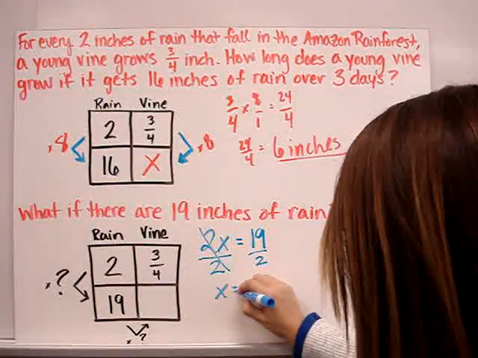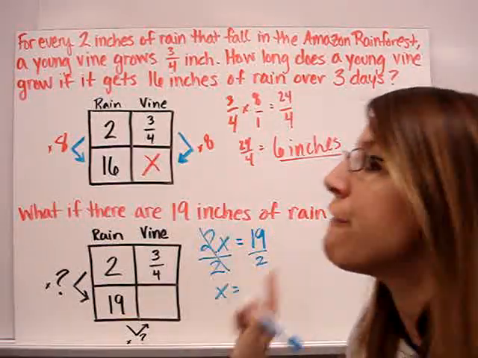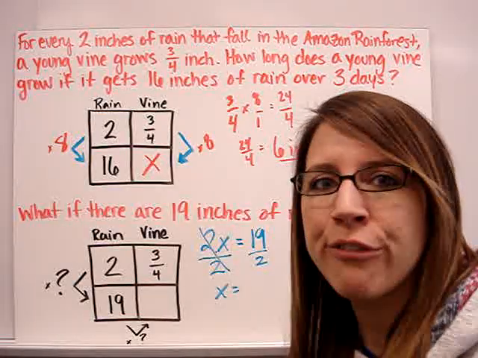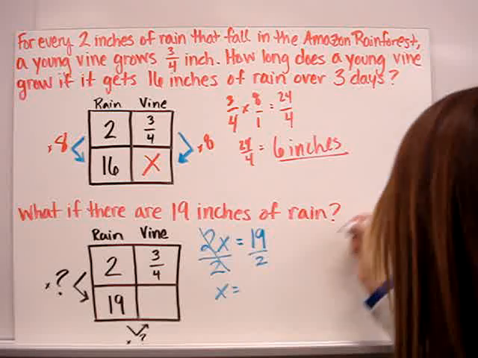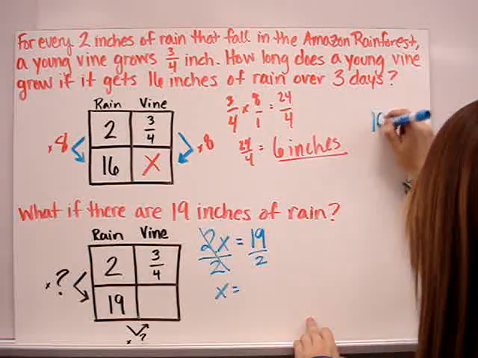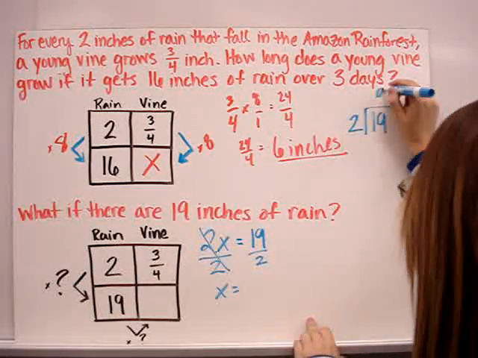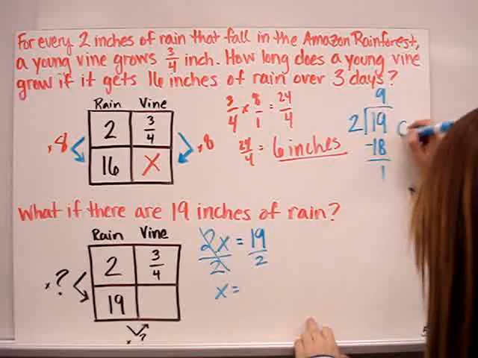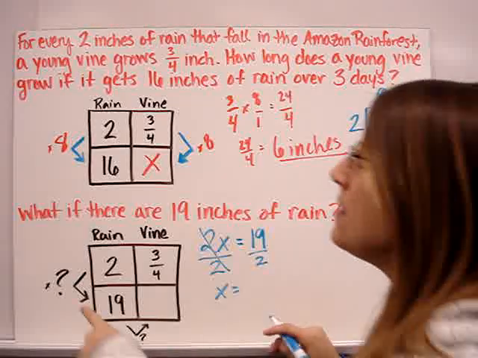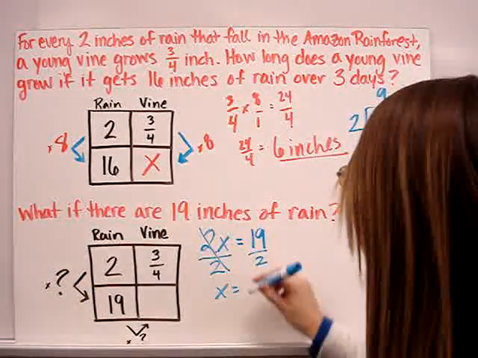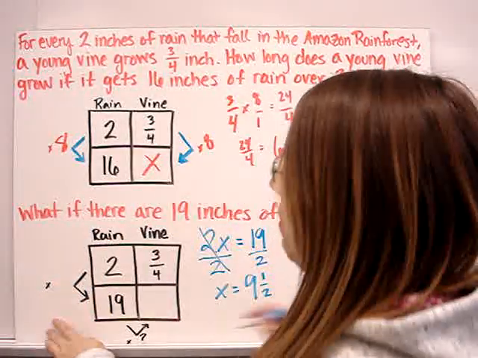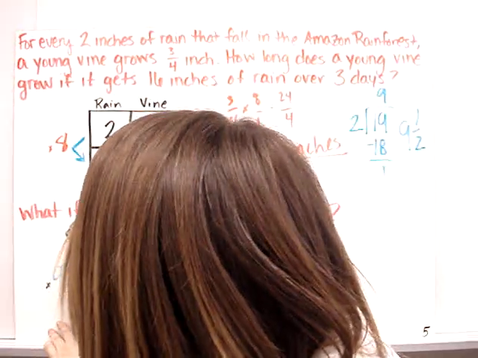X is 19 halves, but 19 divided by 2, that's going to be 9 with 1/2, right? 9 and 1/2. Let me make sure. I'll do the math for you so you can see it. I know that's 9, that's 18. There's 1 left over, so it's 9 1/2, right? So this is no longer times what? I know that it's 9 1/2. So this is times 9 1/2.